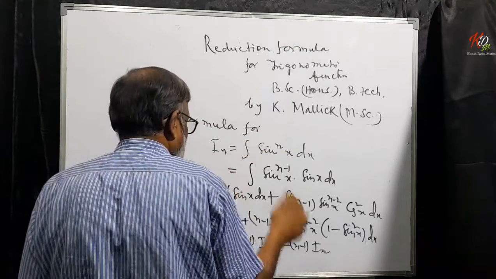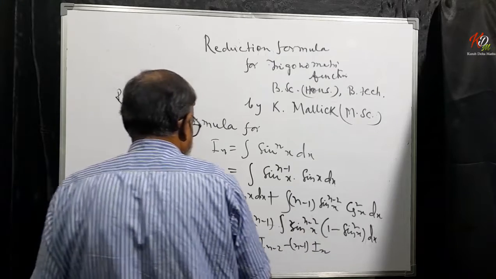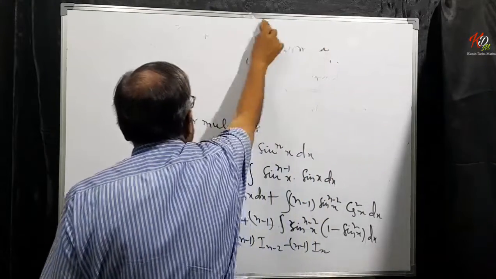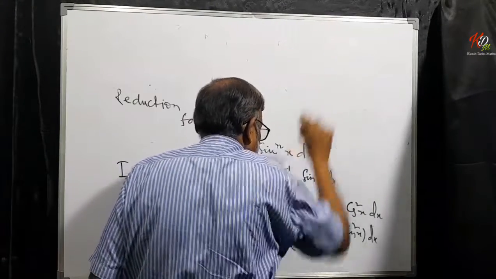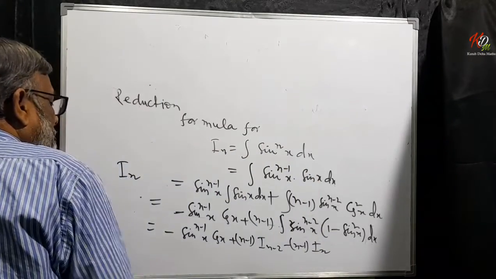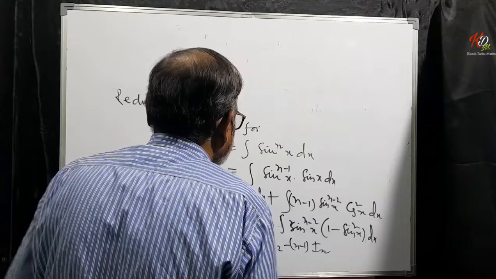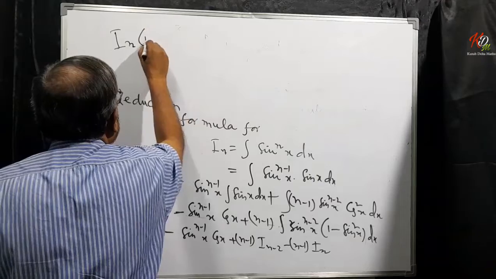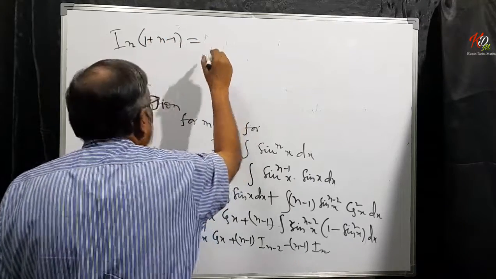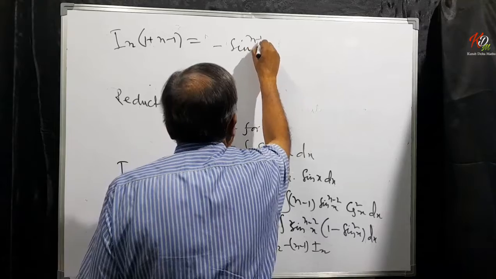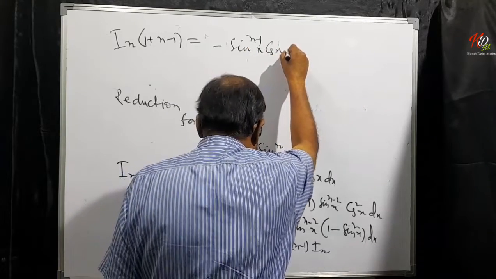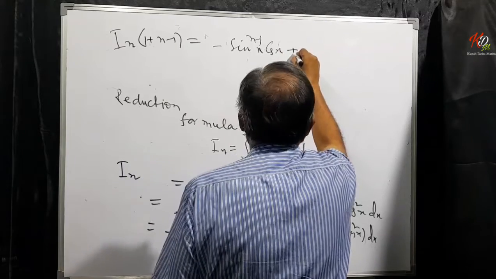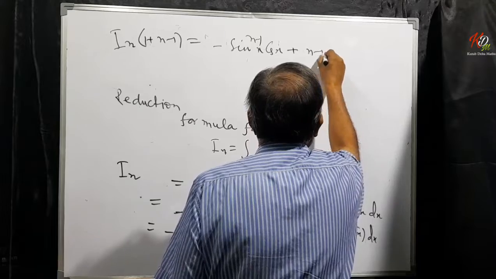Now, transposing, so I_n, 1 plus n minus 1, equals minus sin to the power n minus 1 x cos x plus n minus 1 I_n minus 2.